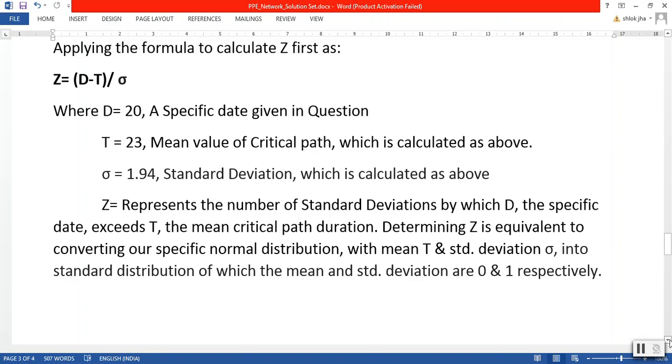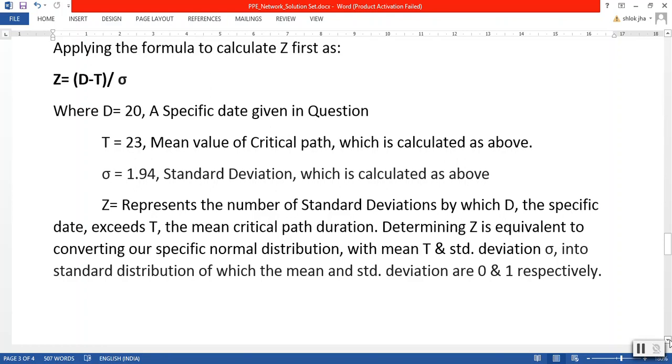Meaning how many multiples of the standard deviation the given time period exceeds the mean value of the critical path. This is Z.